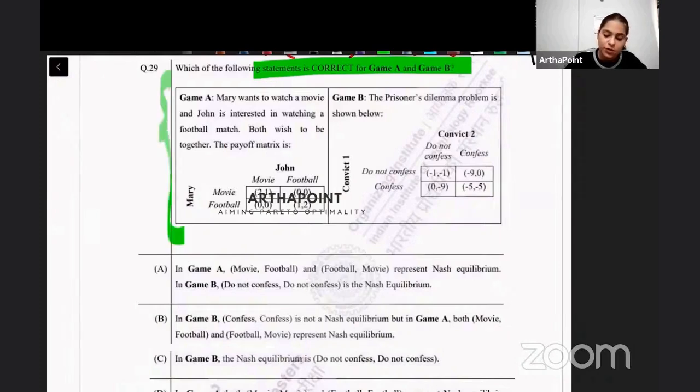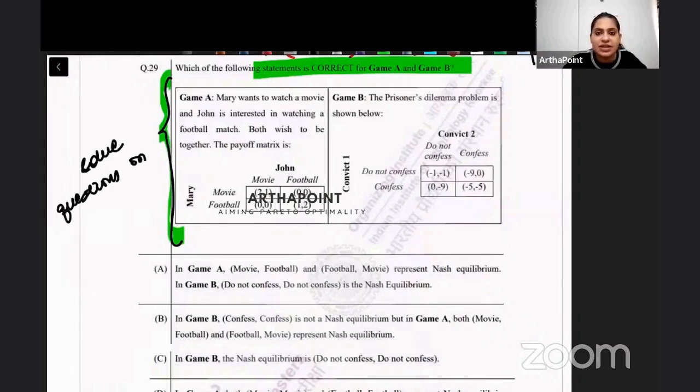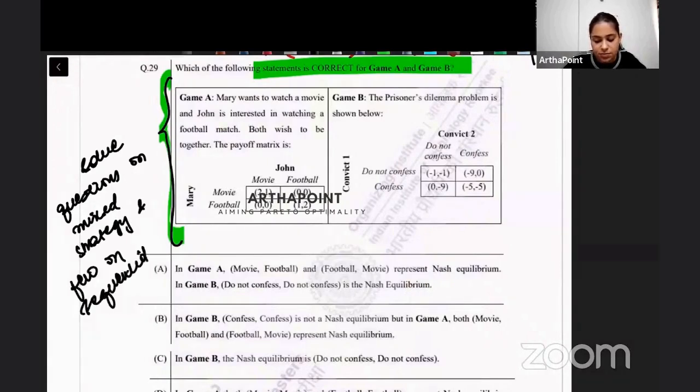So please solve a few questions. Because simultaneous came this time, you should solve a few questions on mixed strategy equilibrium and a few on sequential games. That's all, just this much more to do. Right?